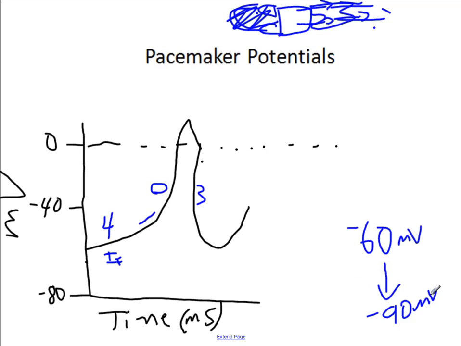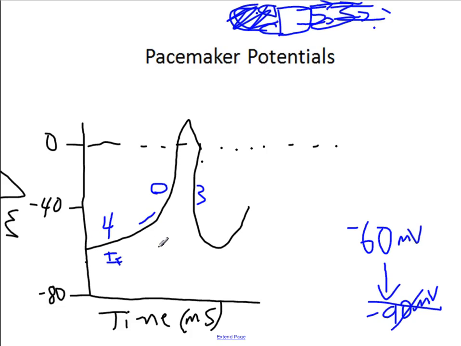So in a regular autorhythmic cell, the fast sodium channels are not involved. These slower, funny sodium channels are the ones that are normally operative here in the cell.